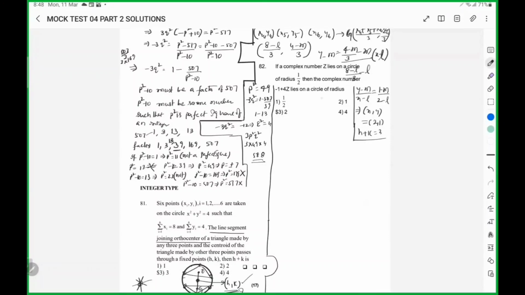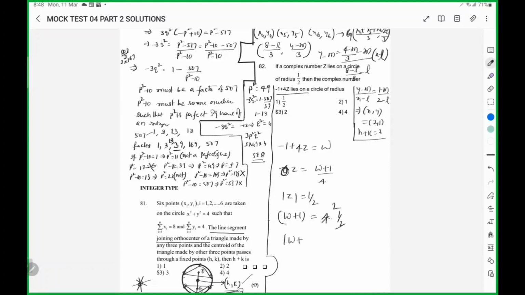This problem, this complex number, let us denote this complex number with omega. For z, he said z lies on a circle of radius half. So omega plus 1 is equal to 4 into half.